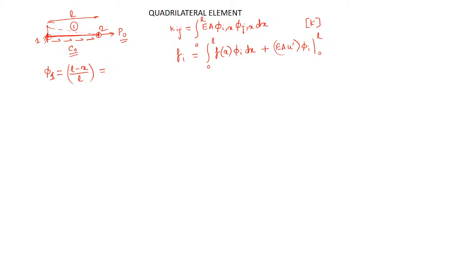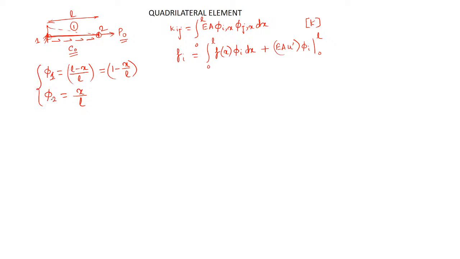So this I will term as phi 1, and so this becomes 1 minus x by L. Similarly phi 2, if I have to define, then it turns out to be x by L. Why? Because at x equal to L phi 2 is 1, so that is what it should be, and at x equal to 0 phi 2 is 0.